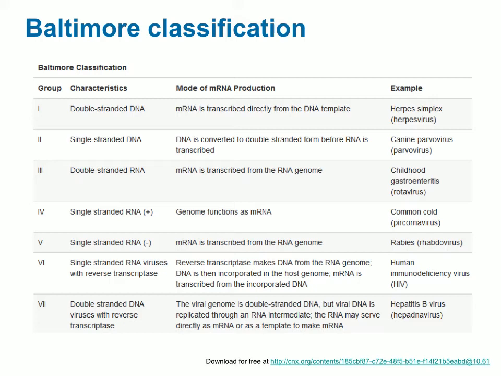Some places will classify them by their shapes. The genome classifications are becoming more and more popular because this also indicates material about their life cycle, how they reproduce. So here you have 7 classifications of virus based on DNA, RNA, single-stranded, double-stranded, then what happens to them.